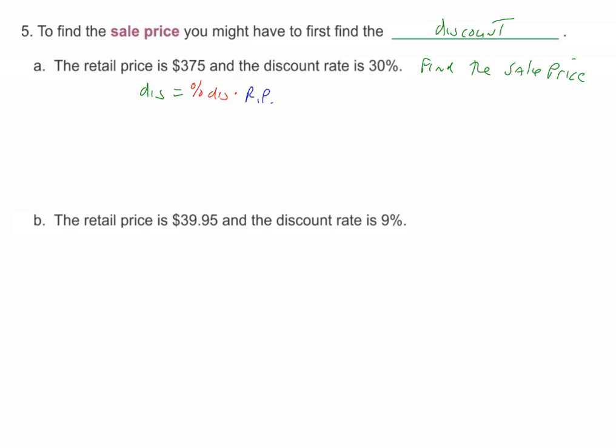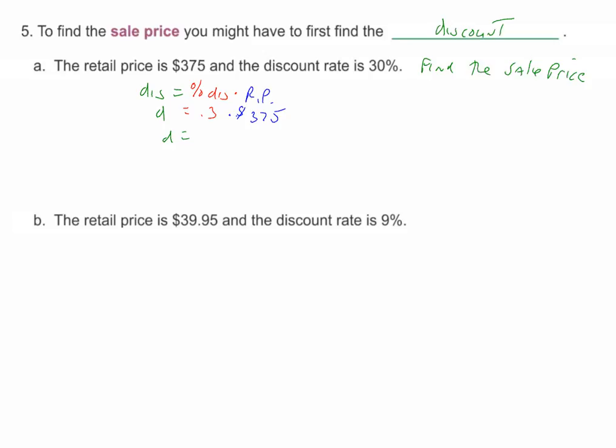So in this one, we know to put in the discount rate, 0.3 or 0.30 for 30%. The retail price is clearly given to us, $375. And this one's nice. It's a straight multiplication on our calculator. So 0.3 times 375.